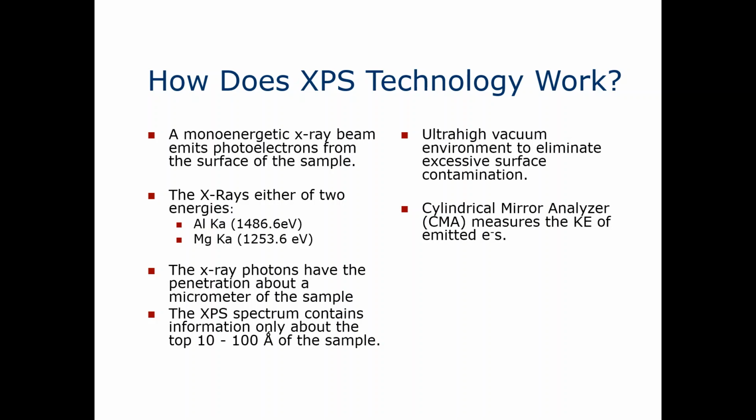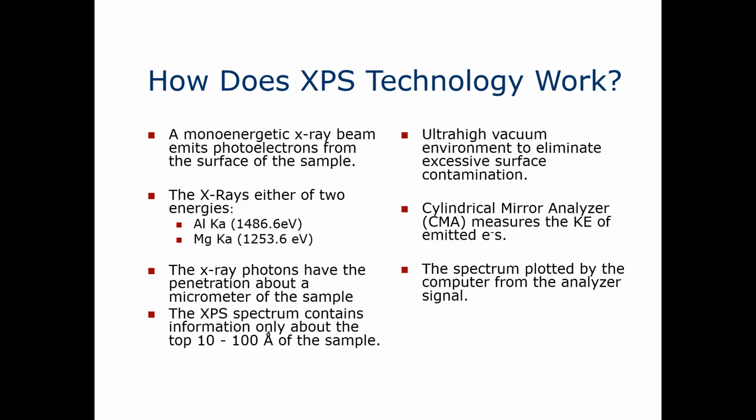During the XPS analysis, we have a cylindrical mirror analyzer, in short CMA. The role of the CMA is to measure the kinetic energy of the emitted electrons, since as a result of the photoelectric effect, photoelectrons are emitted.